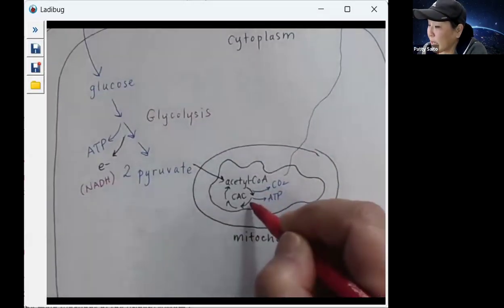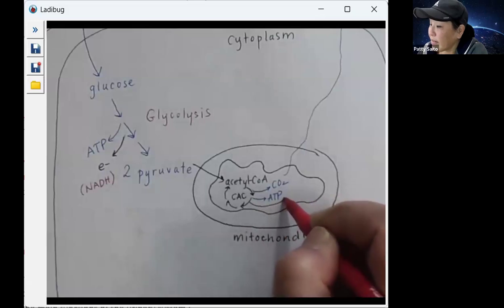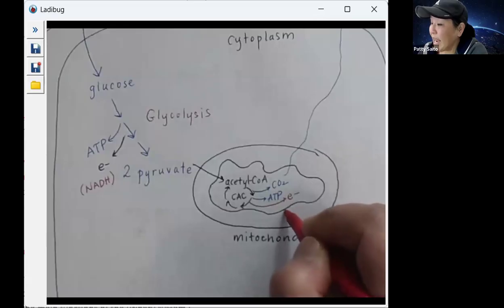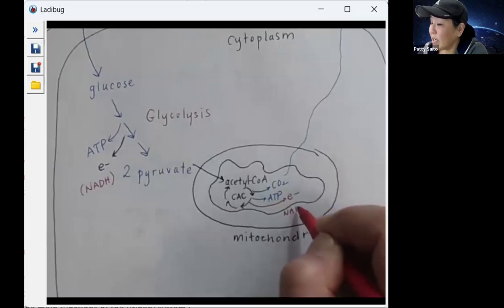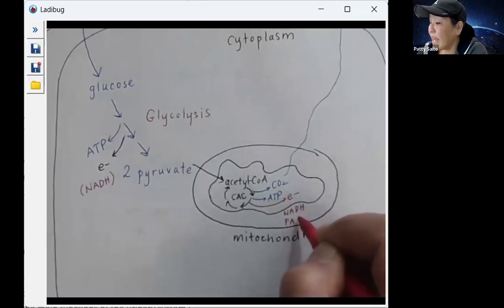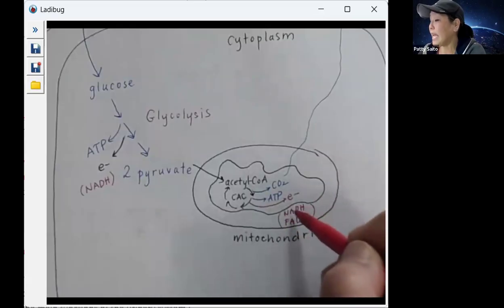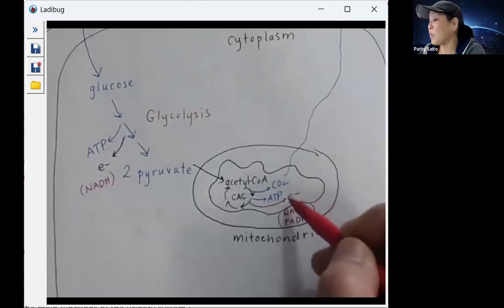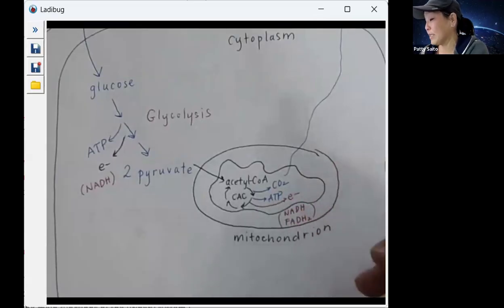We also get some electrons out of here, again carried as NADH, and also another molecule called FADH2. Both of these carry the electrons around. I'm just going to put electrons, but know that they're carried on molecules.